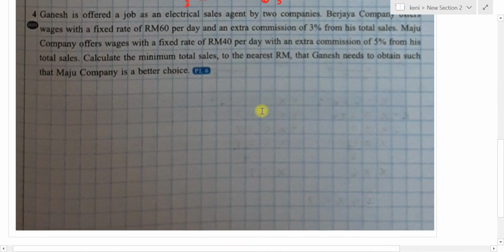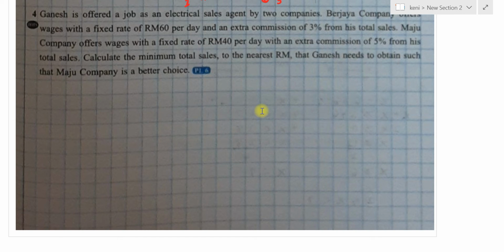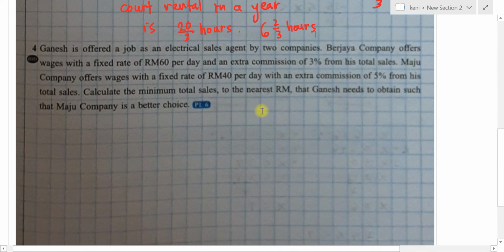Okay, the next question. Let's look at the next question. Also a bit of a tough question. For Form 1 it will be a bit tougher, but you need to train. Ganesh is offered a job as an electrical sales agent by two companies. Berjaya company offers wages with a fixed rate of 60 per day and an extra commission of 3% of his sales.